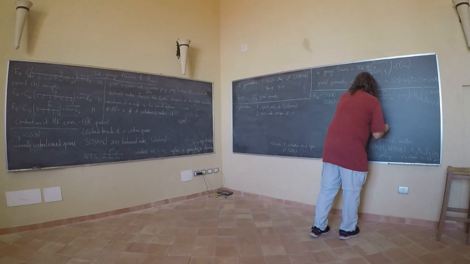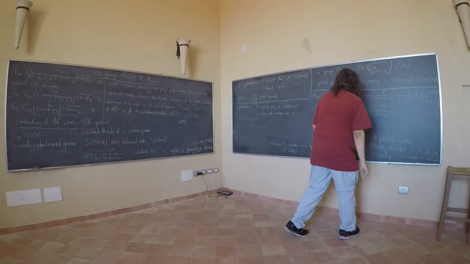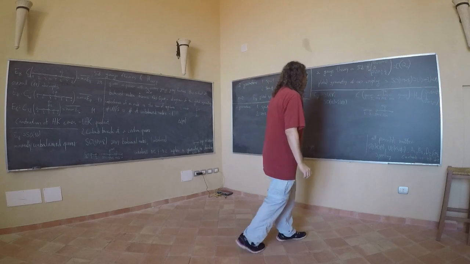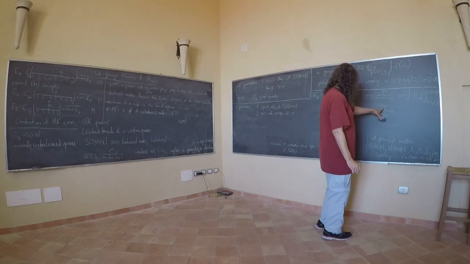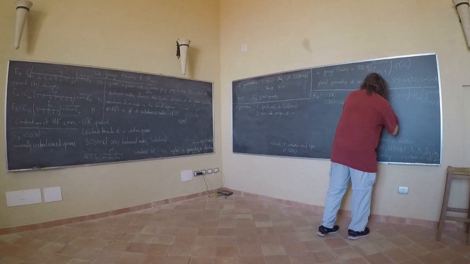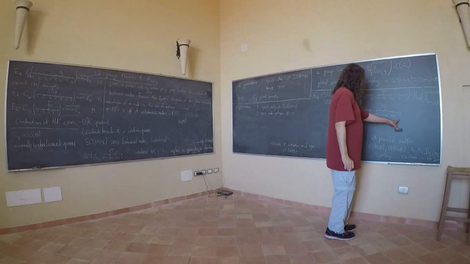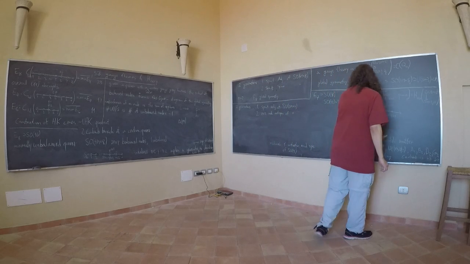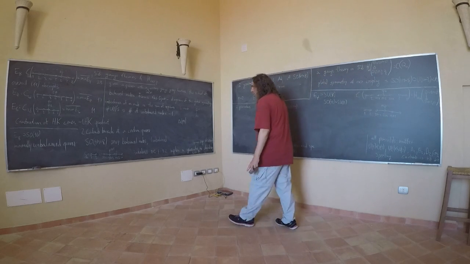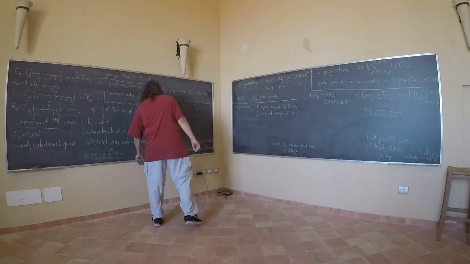Before that, let me make another one. N is 1 to n. This is n. Now we will make this balanced. We still want to make it balanced, so this should be n plus 1. This one, we don't want it to be balanced, but we do want it to have n plus 2 flavors.